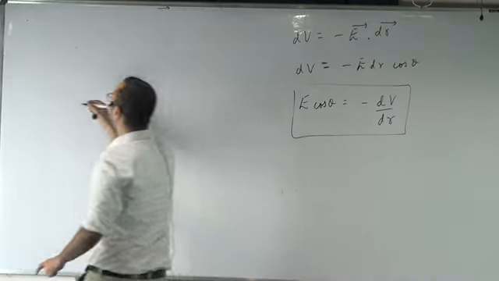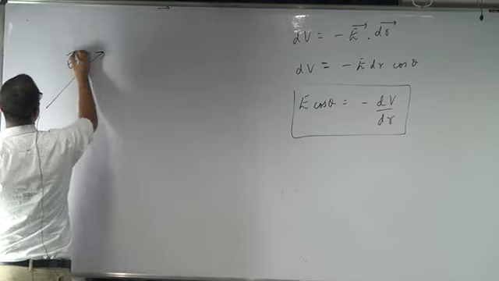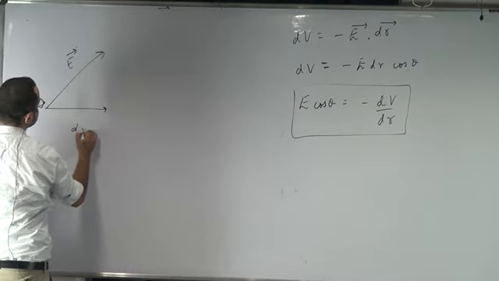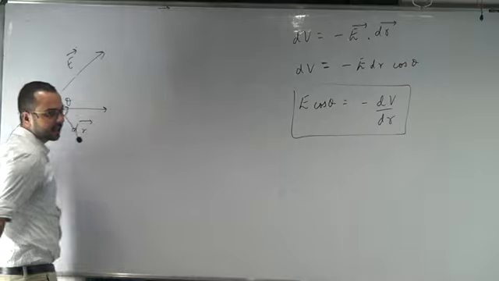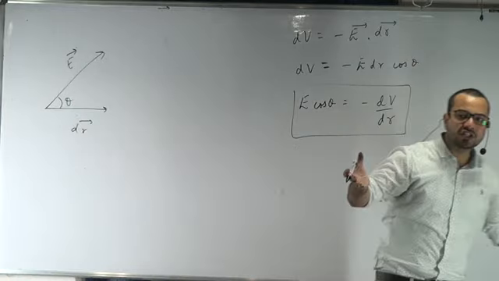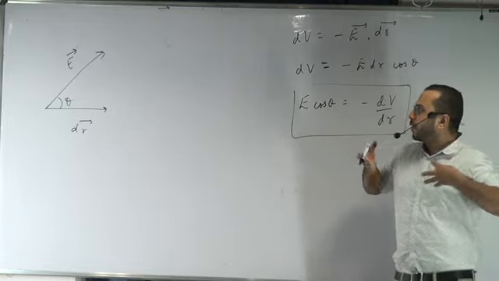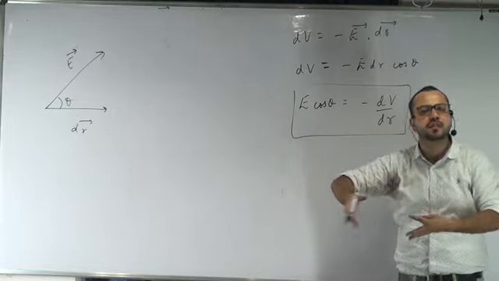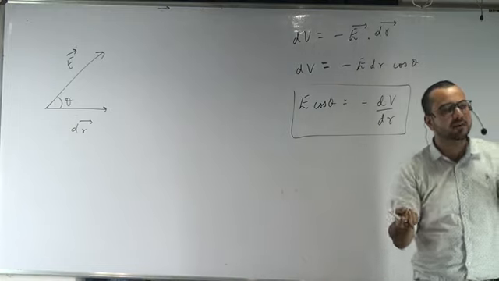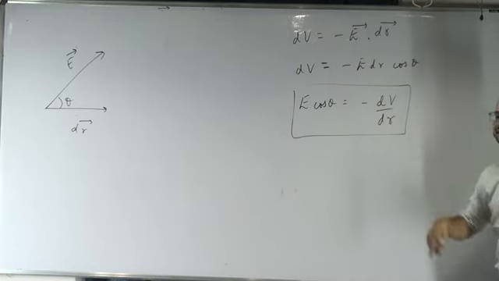So suppose this is the direction of electric field and the displacement takes place in this direction and the angle between them is theta. Okay, so due to any charge configuration, the field could be in any direction. But I am displacing in a particular direction, that makes an angle theta. First of all, what is E cos theta?